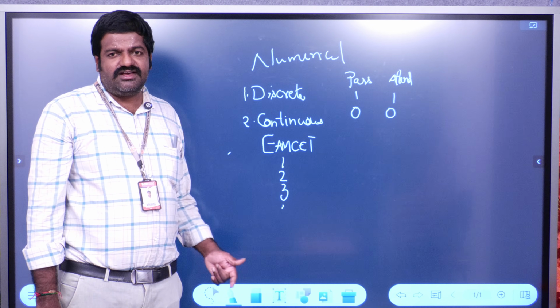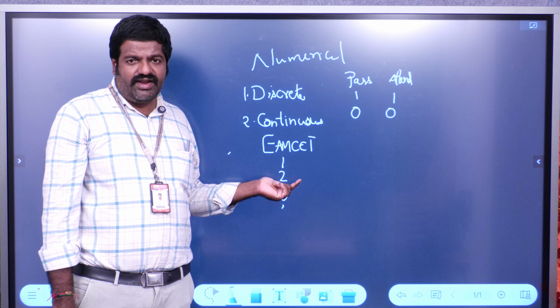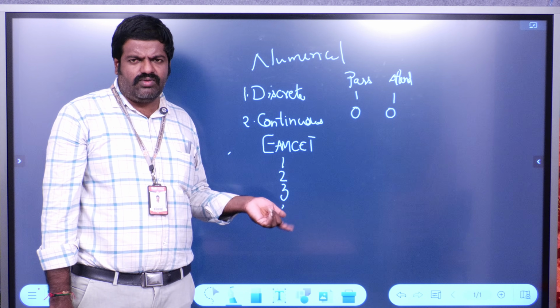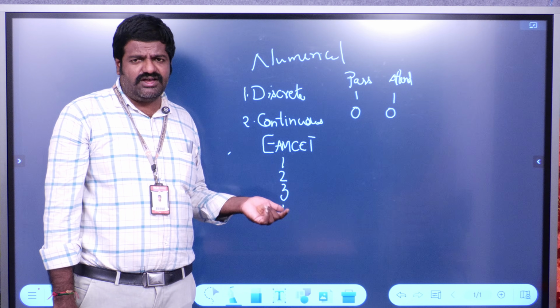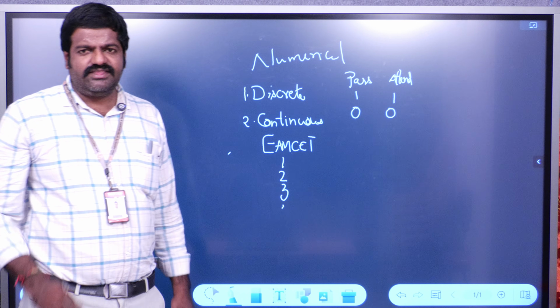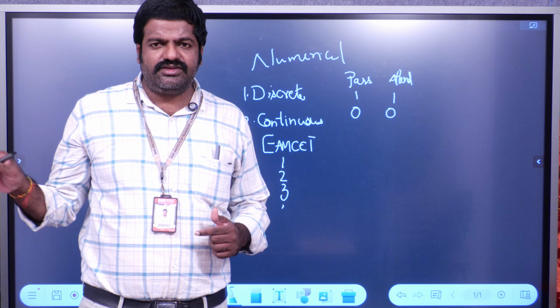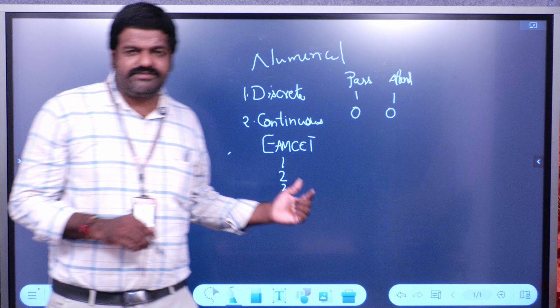I cannot specify the range for this, either 1 to 1,10,000 or 1 to 1,20,000. So that comes under continuous. Continuous numerical data means the values are in a continuous manner, for example MSET rank.